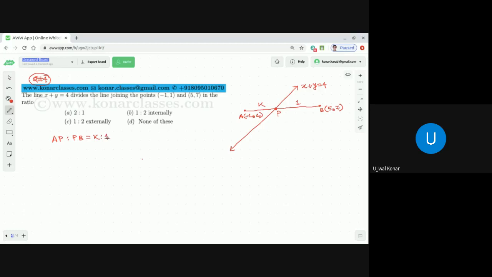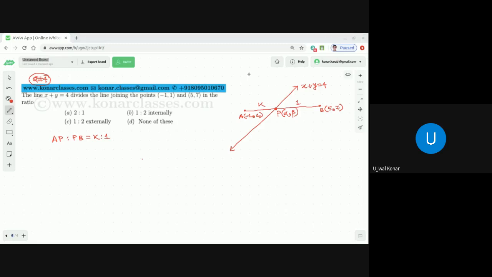Correct? Now from this information, that the point P divides the line segment AB, whose coordinates are -1, 1 and 5, 7 respectively, in the ratio K is to 1, we can find the coordinates of the point P. Let's take the coordinates of the point P as alpha comma beta.